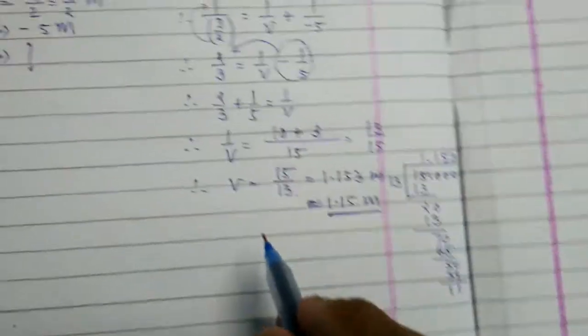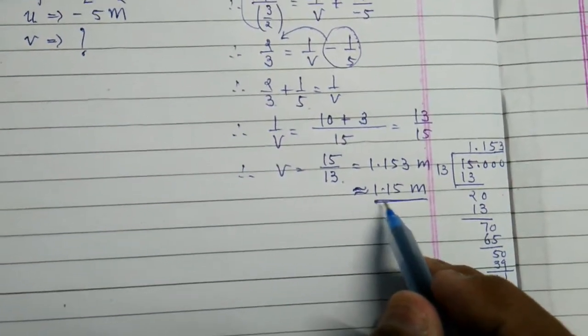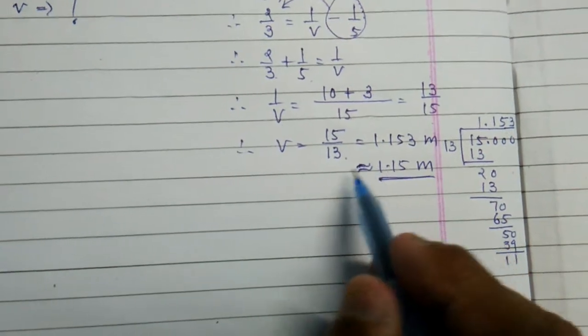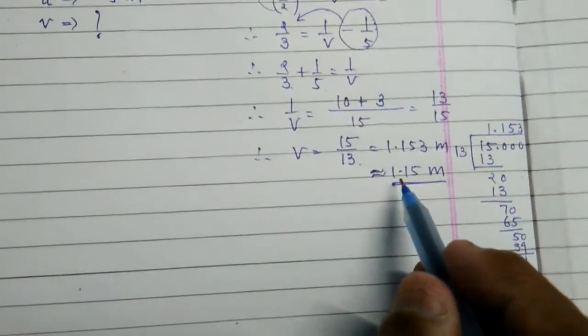So here it is positive. 1.15 meter is positive according to the sign convention. If v is positive, the image is virtual.